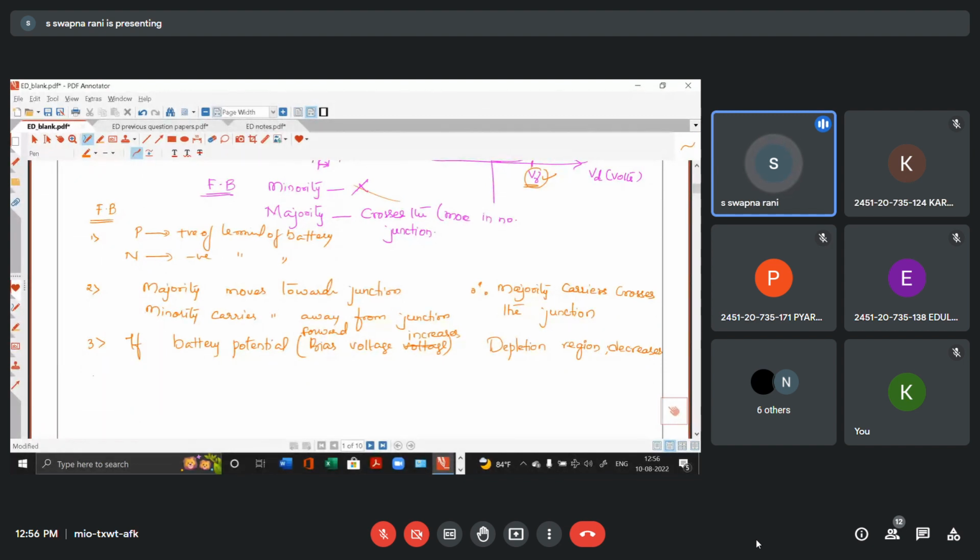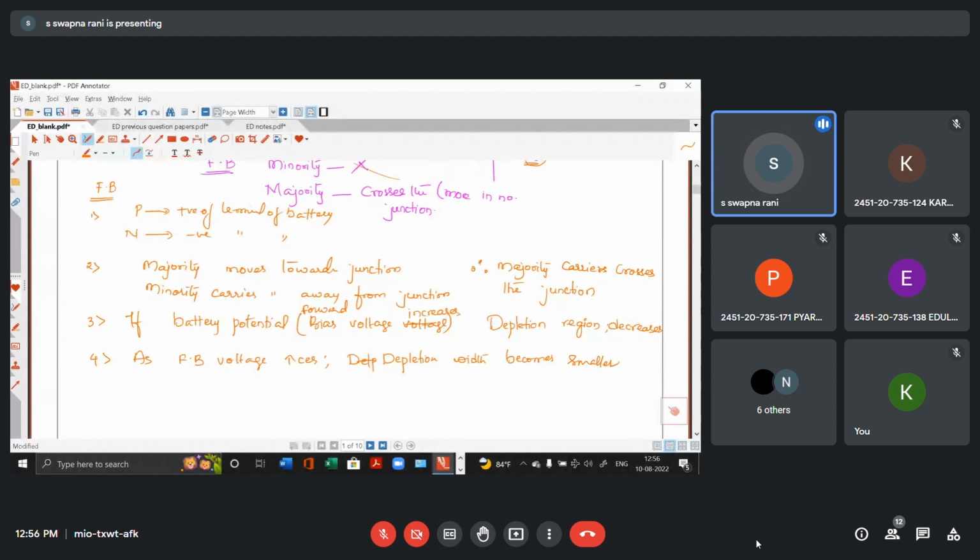Fourth point. As forward bias voltage increases, depletion width becomes smaller and smaller, and finally it disappears.